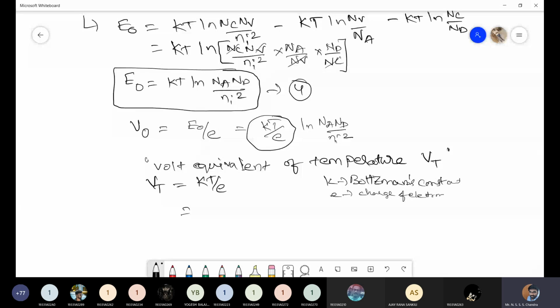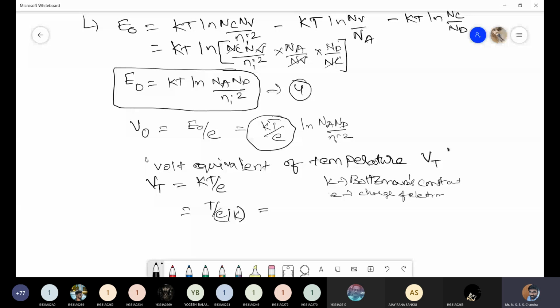Now if we take this K to the denominator, it becomes T by E by K. If you take your calculator, these terms are constants. Electron charge is constant, 1.6 into 10 power minus 19. Your Boltzmann constant is also a constant. These values you can get from your Casio calculator.